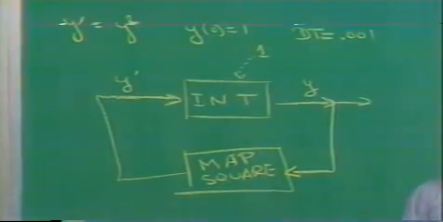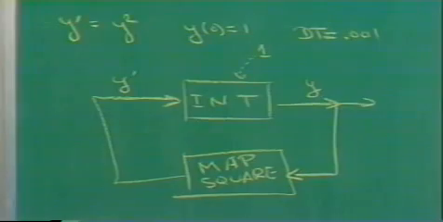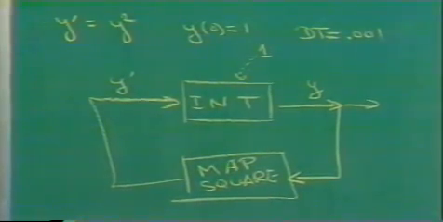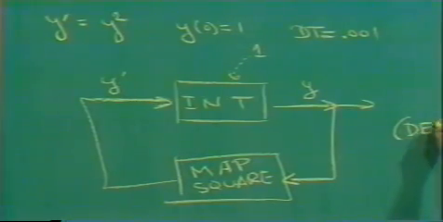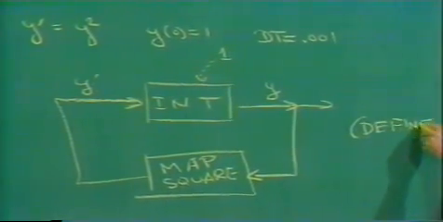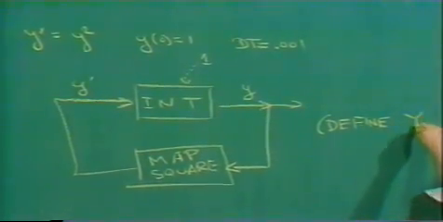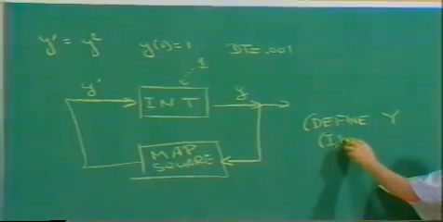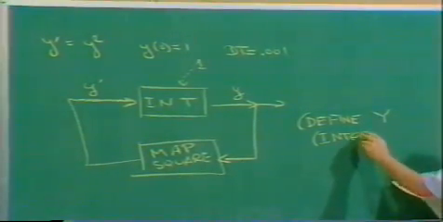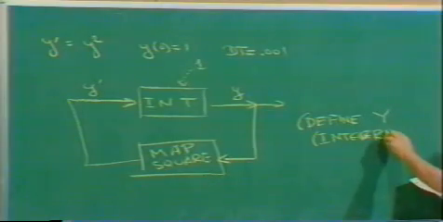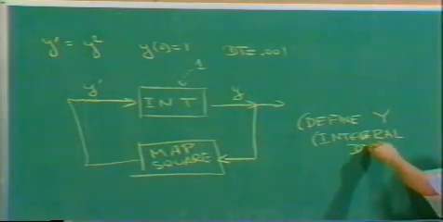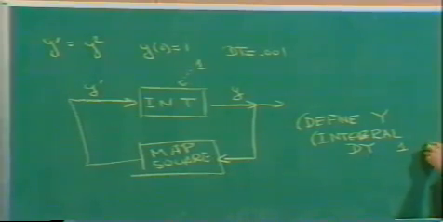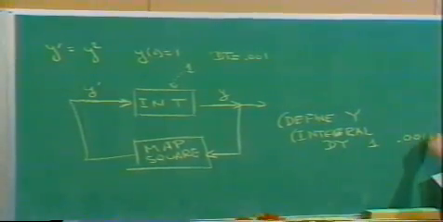Now, what we'd like to do is write a stream program that looks exactly like that. And what do I mean exactly like that? Well, I'd say define y to be the integral of dy starting at 1 with 0.001 as a time step.